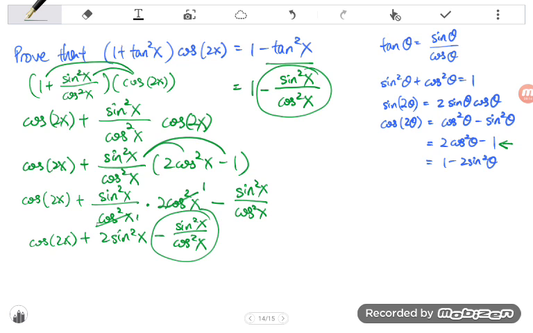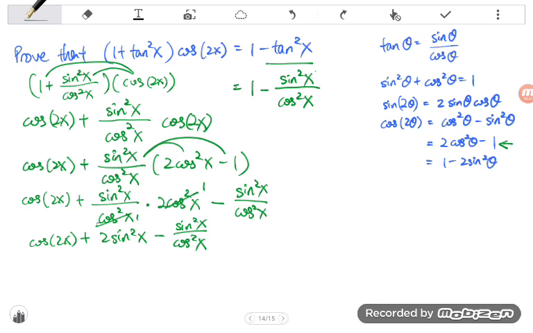I already have that, which means this whole chunk in the front, that has to be your 1. This is the 1 over here. Does that make sense? So now all we have to do is to figure out a way. We need to manipulate this whole chunk, and somehow we can get that to become a 1. So let's see what we can do.